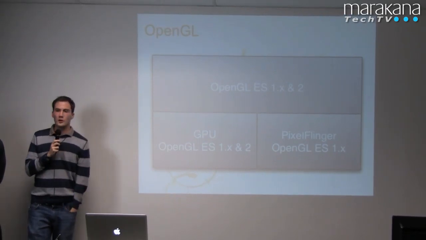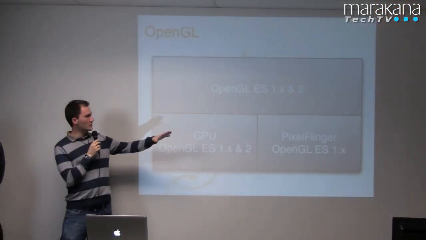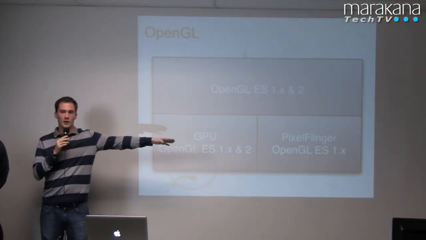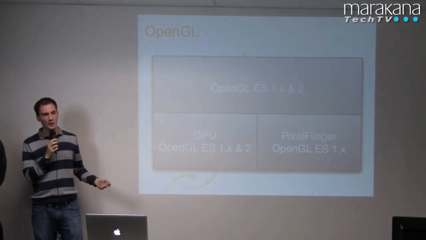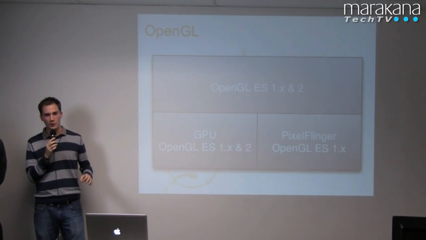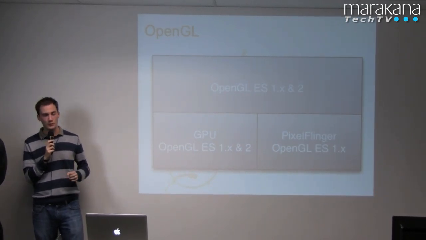OpenGL, so we have support for OpenGL ES, that's for embedded systems, 1.x and 2. So there are 2 different implementations of OpenGL. I mentioned the software implementation on top of Pixel Flinger, and that one is limited to OpenGL ES 1. So if you use the emulator currently, you have to use OpenGL ES 1. You can't use OpenGL ES 2 in the emulator.